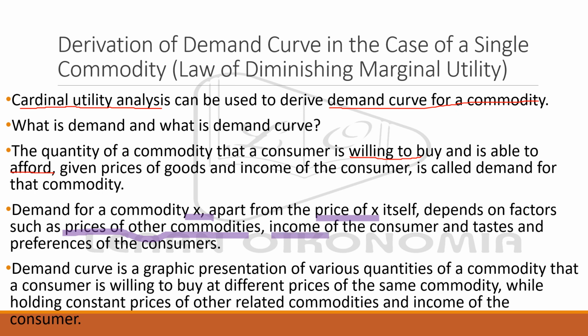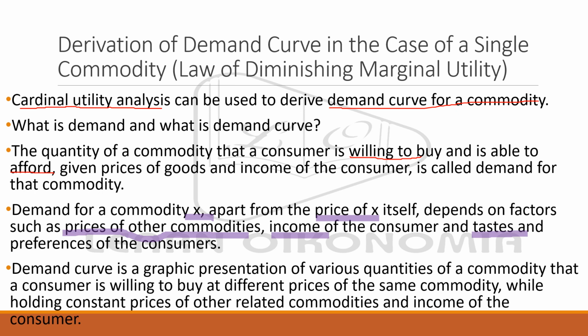When your income increases, there can be a tendency for you to purchase more of the commodity, and vice versa. And there is also taste and preference. If you have a favorable taste or preference towards a commodity, then there is a greater chance for you to purchase more quantity of this commodity, and vice versa.